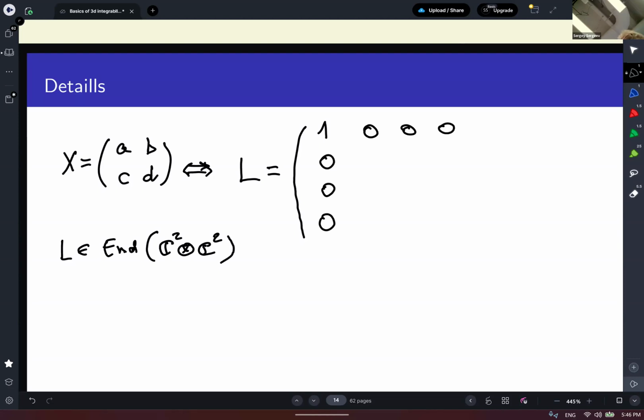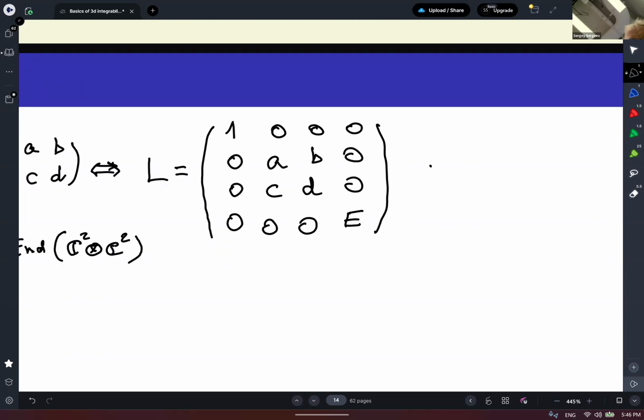So the top element is 1, the rest are zeros. Then we have A, B, C, D. And here we have E, where E is BC minus AD. That's tricky. E is not the determinant.